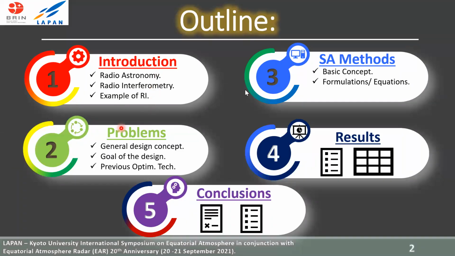So this is the outline of this presentation. At the beginning, I will briefly talk about astronomy, radio interferometry, and examples of radio interferometry. Next, in the second part, we found some problems in the general design concept, the goal of design, and some previous optimization to solve the problem in previous radio instrument design.